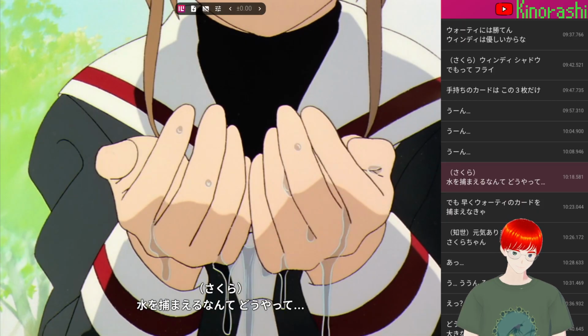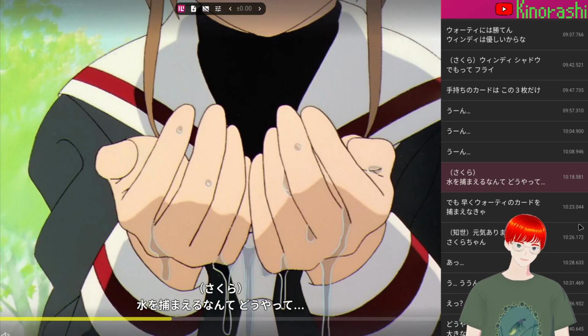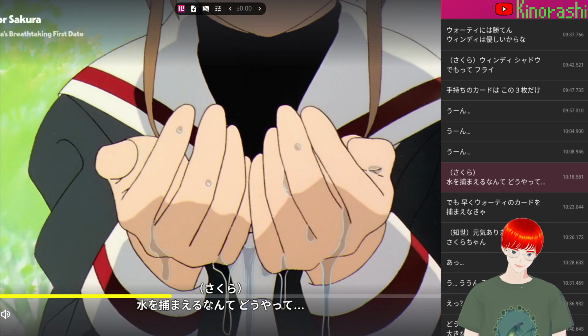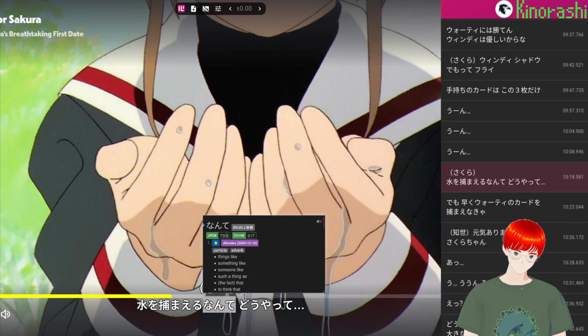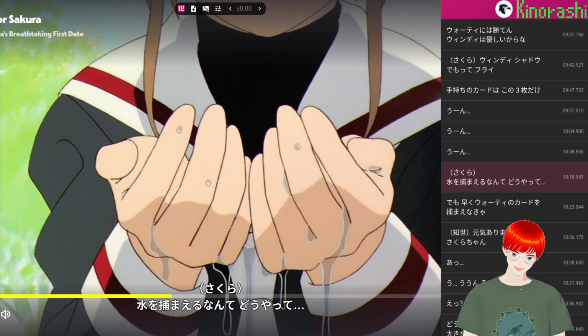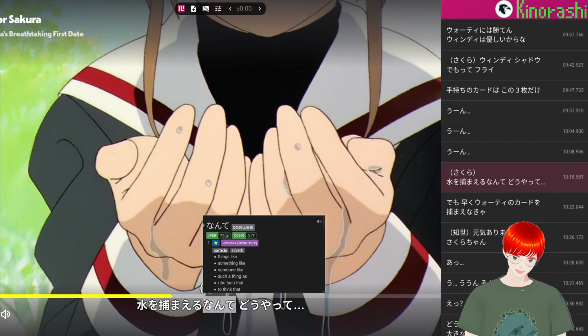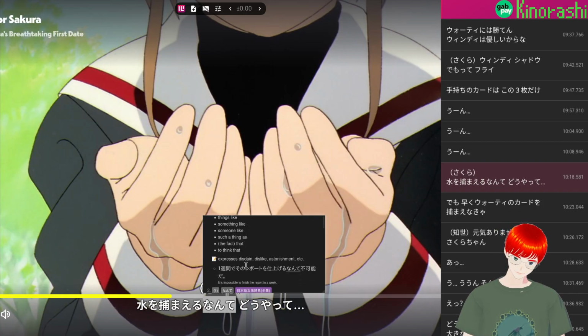Mizu wo tsukamaeru nante. So something like capturing. Doyatte. How, where I do. So how I capture, something like, to think that, such that, nante.